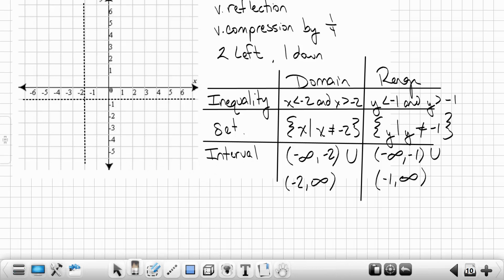Instead of up 4 over 1, it's going to be up 1/4. Honestly, I'm just going to make this super tight. And it's reflected. That's why I drew them more. The 1/4 does make life really difficult to draw those in.